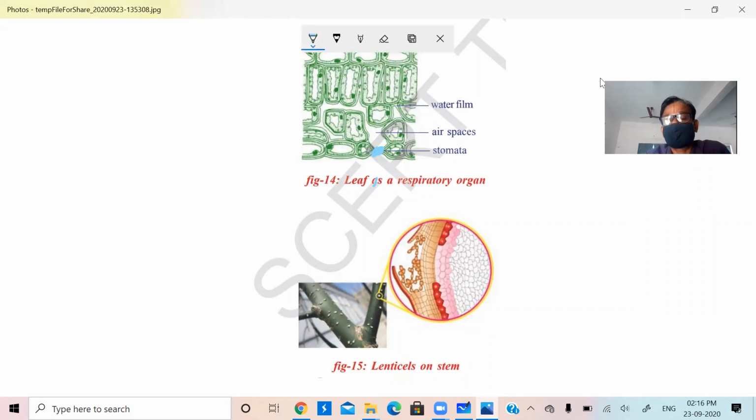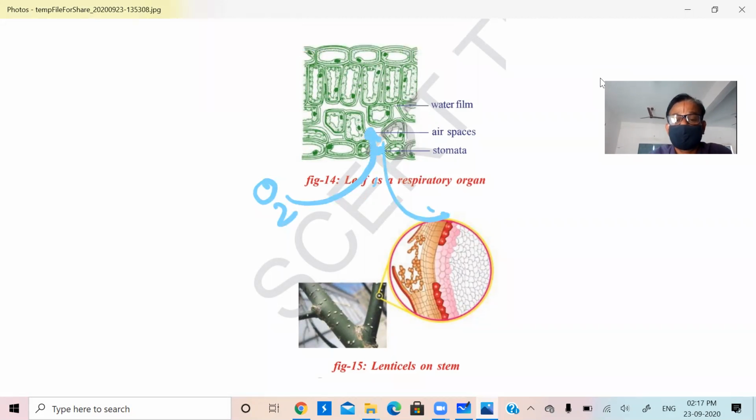So through the stomata, oxygen enters and carbon dioxide may come out, or carbon dioxide may get inside and oxygen may come out.